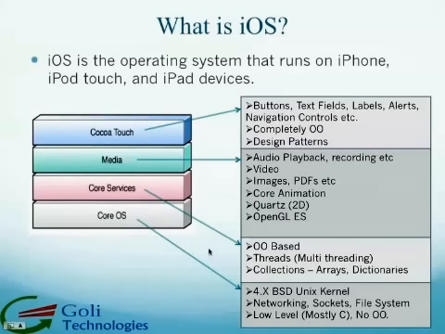So in this course, as I mentioned earlier, we will be dealing with everything from core services above. We probably will not be doing much of OpenGL. This is where you have the 3D games like Temple Run or Need for Speed and all that stuff. That's obviously game programming, which is beyond the scope of this course.